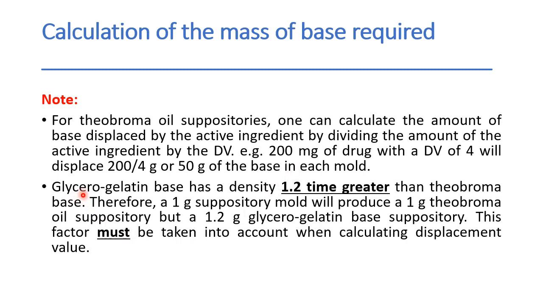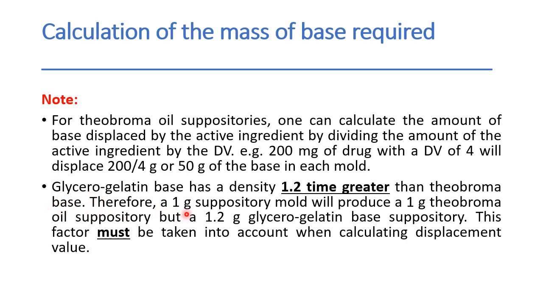If we have a glycerogelatin base, which is a water-soluble base, this base has a density which is 1.2 times greater than that of theobroma oil base. What we have mentioned before was all about theobroma oil.